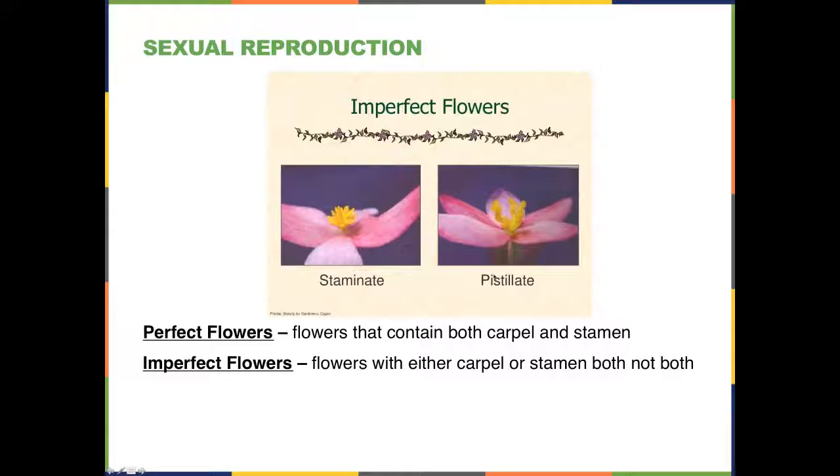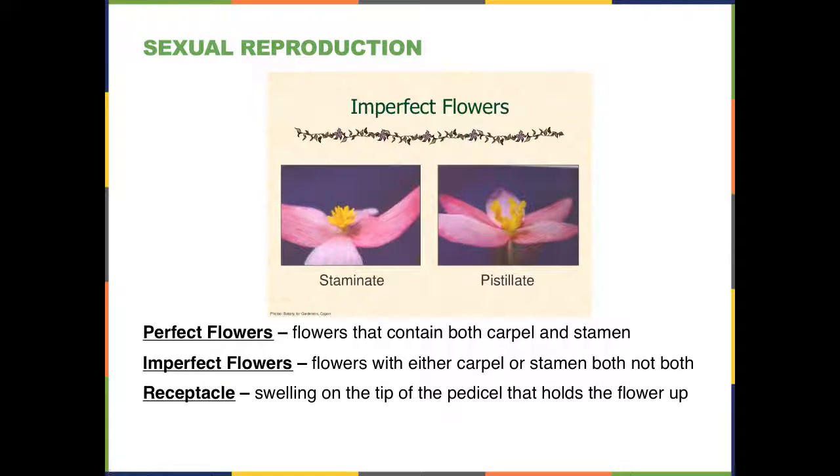Carpel is the more modern term. Pistil is the older term. And if a flower is an imperfect flower and it contains only stamen, like this, it's called a staminate flower. And if it contains only carpels or only pistils, it's called a pistillate flower.